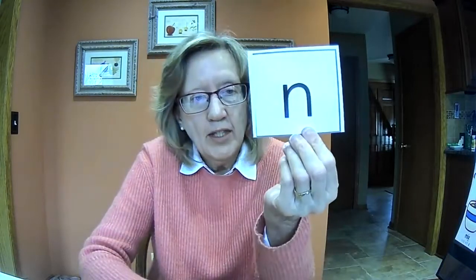This is R. What about this one? N. Oh, I think you'll know this one. O. Good. What about this? This is a B. How about this? K. What about this? Y. Awesome. What about this one? A. M. What about this? C and F.